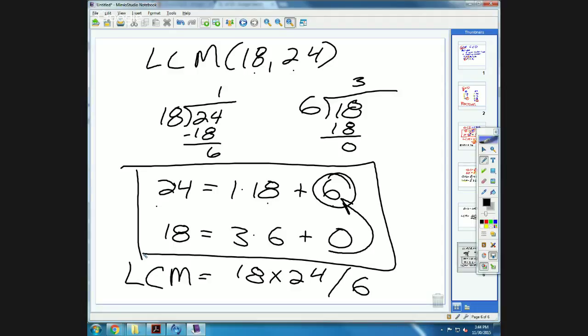Sometimes it happens fast in a few steps. Sometimes it takes a long time. There is no perfect method. Sometimes one works better than the other. It just depends on the numbers involved. So I'll pick a couple numbers that might have been something in the homework. Those are some big problems.